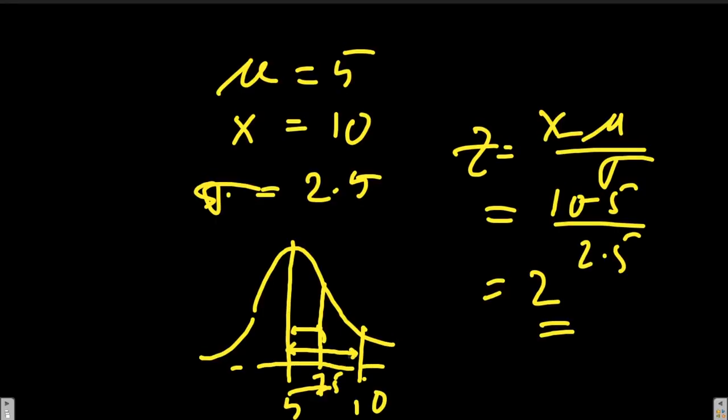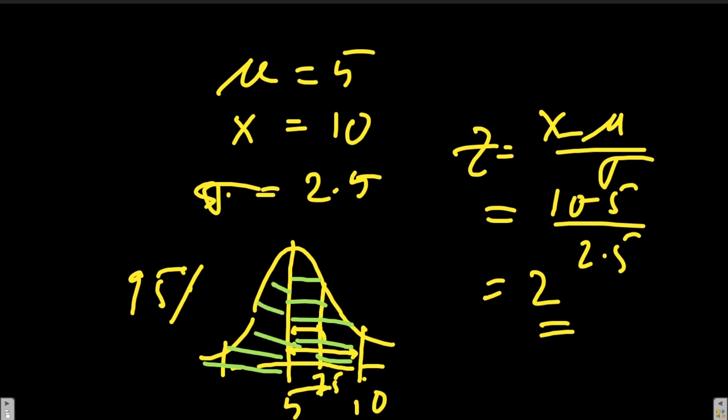If this is the 2 standard deviation area, I know from my rule that if I have 2 standard deviations on both sides, that would be 95%. Now here I have 2 standard deviations on one side, and on the entire other side, 50% of the curve.